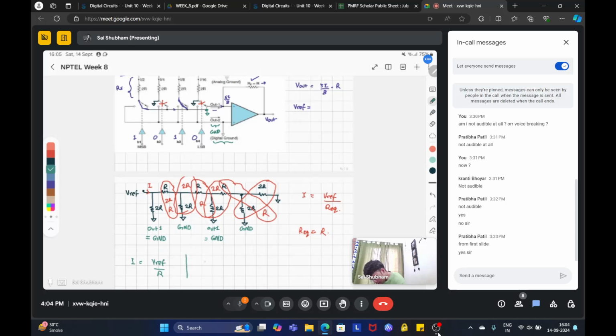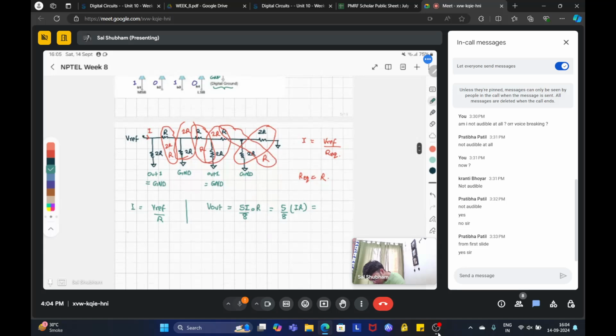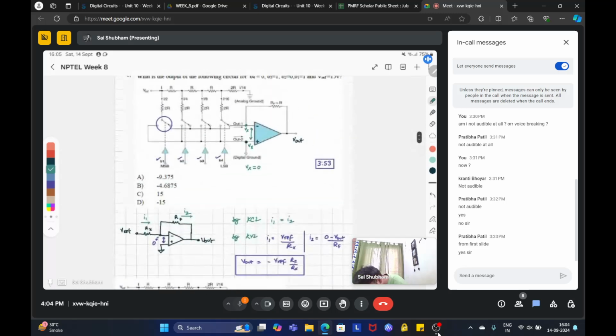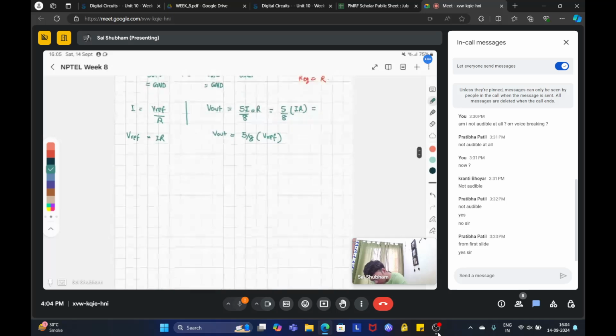So V out is 5I by 8 into R, which is 5 by 8 IR, which is V reference equal to IR, right? So V out equal to 5 by 8 into V reference. Okay. So in this case, what is the V reference? This is 15 volt.